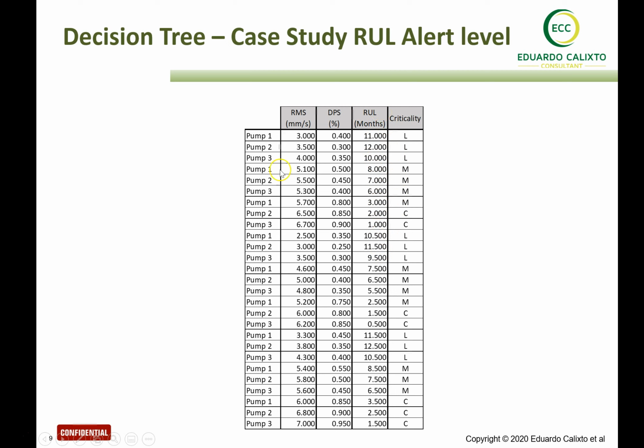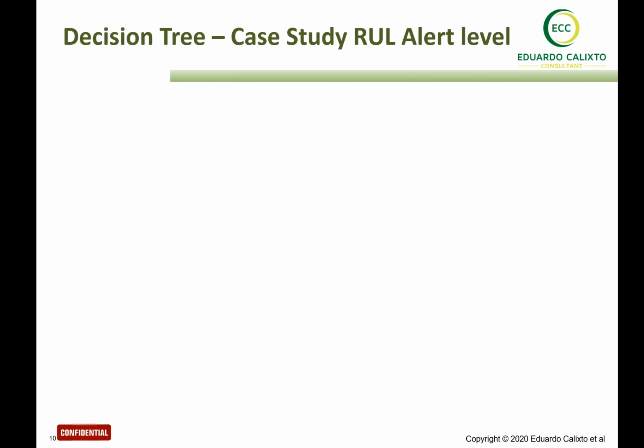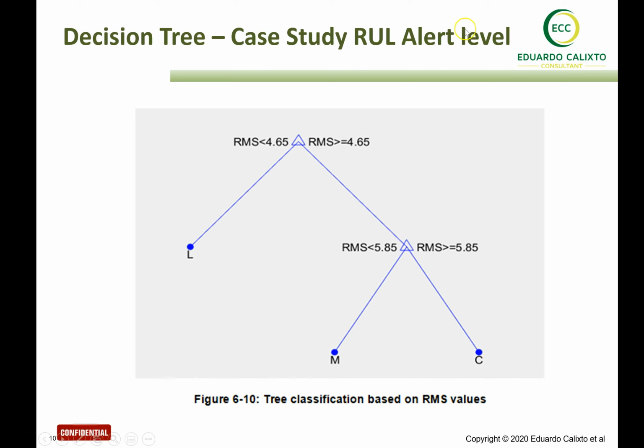In this case, we have this data set, and we consider basically the vibration and the remaining useful life. Of course, we will define the class of criticality based on the decision tree. By using that, we conclude that our decision tree will consider the RMS values.